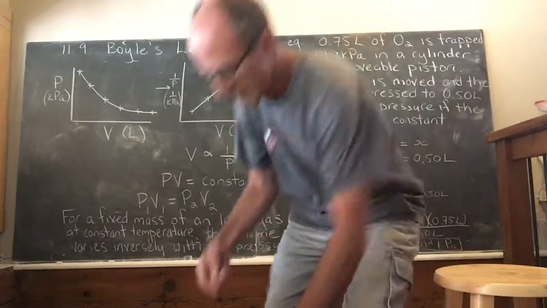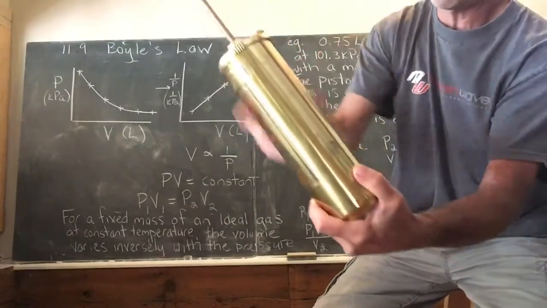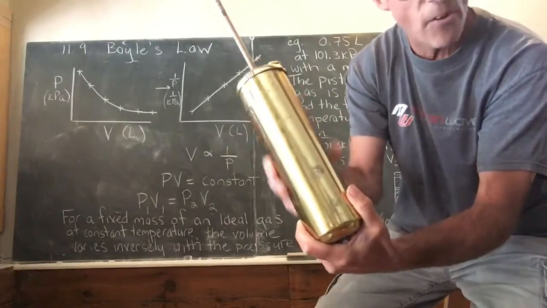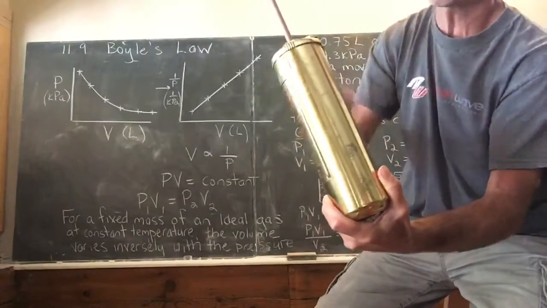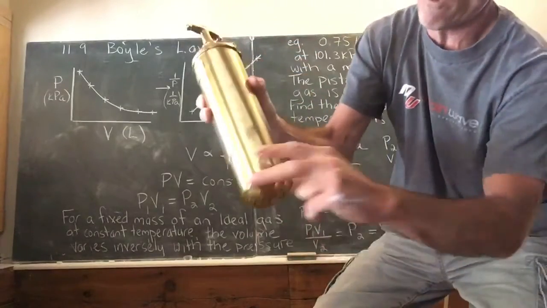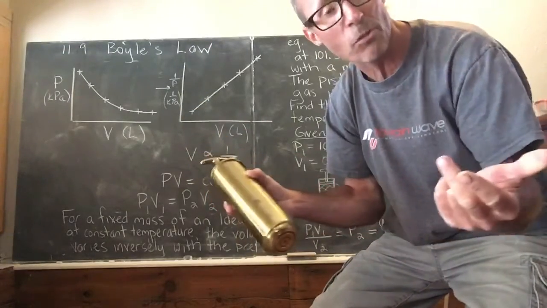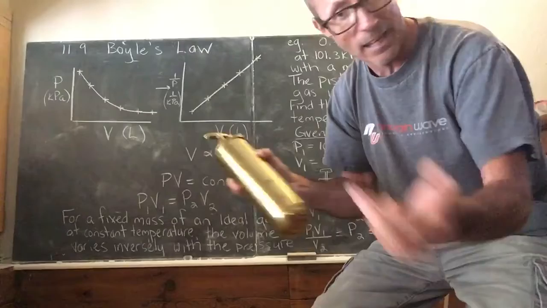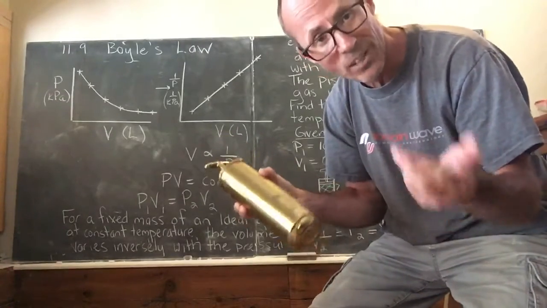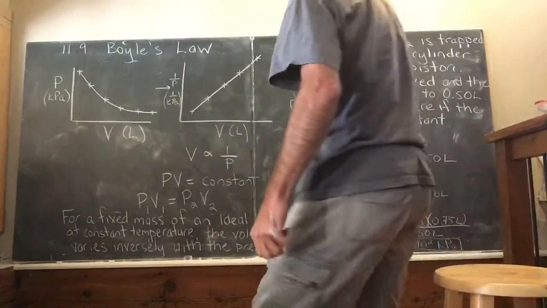If you think about it, that makes sense. If we have a very high volume or large volume here, we have a very low pressure. So one goes up, one goes down. As we compress, we know our volume is much smaller, but our pressure is much larger. When you multiply P and V together, at any of those points, it always ends up being constant, assuming the temperature remains constant. So, that is Boyle's Law.